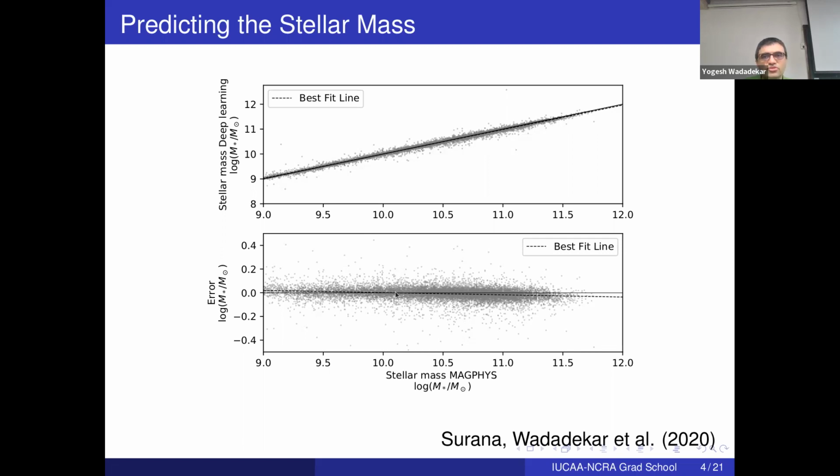And this is a zoomed-in version of that, where you're just plotting the deviations. You can see that the deviations are mostly random, with very little systematics. And all the way from 10 raised to 9 to 10 raised to 11.5 solar masses, 2.5 orders of magnitude, you have pretty good fits with small scatter.